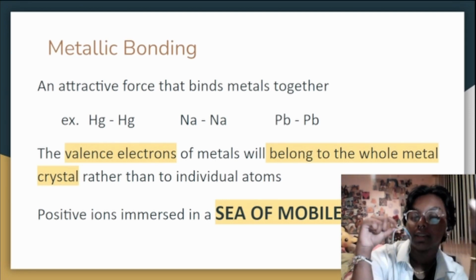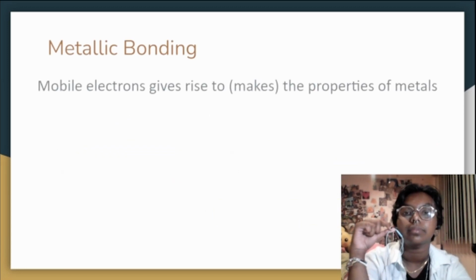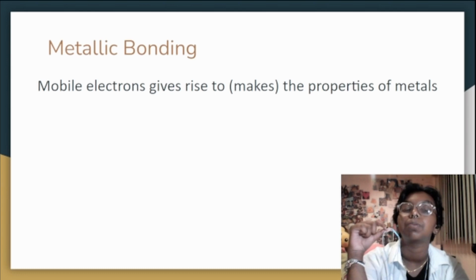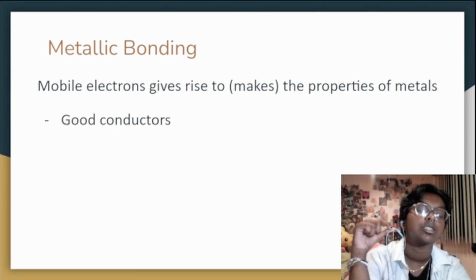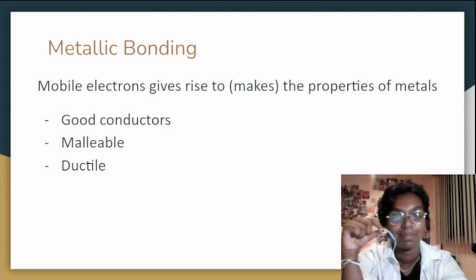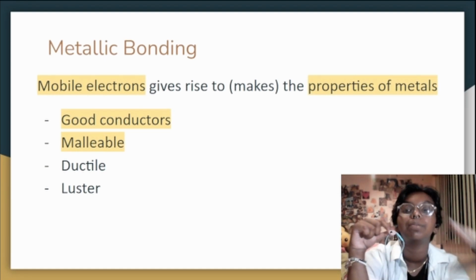That is what defines metallic bonding, the sea of mobile electrons. Mobile electrons are what make the properties of a metal, such as good conductivity, malleability, ductility, and luster.